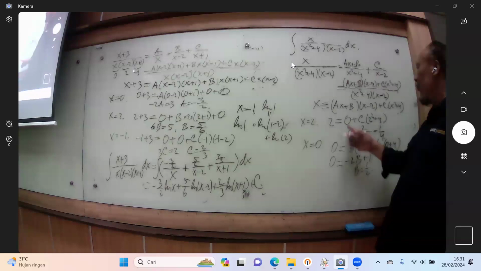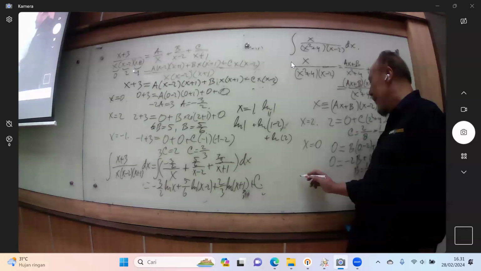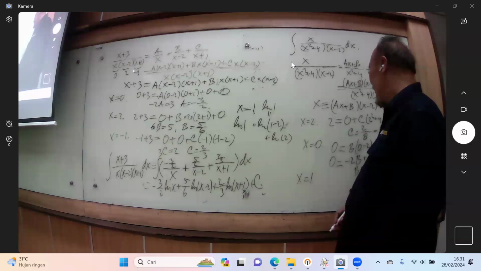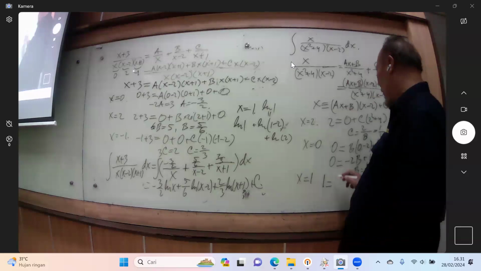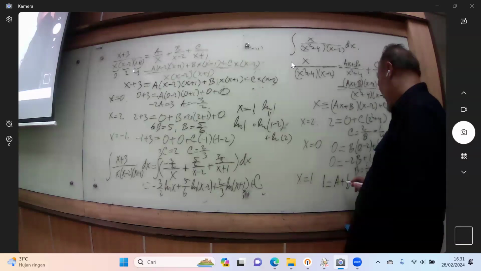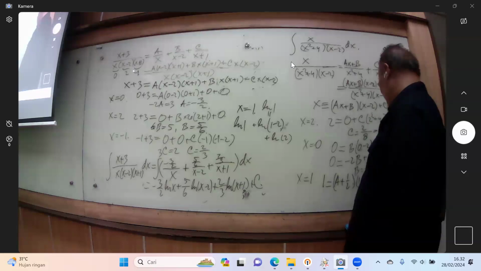Now we have c and b. To find a, we can use another number. For example, let's say x equals 1. Then we have 1 equals, if x is 1, a plus b, which is half, times 1 minus 2, plus c, 1 divided by 4, 1 plus 4.